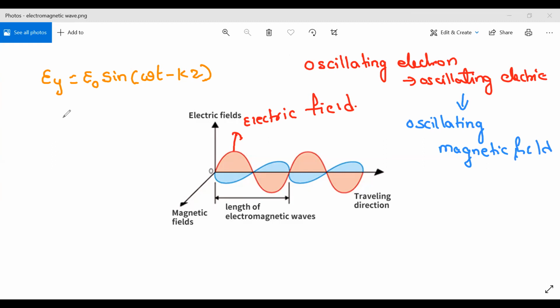Or you can take it as x. So Ex is equal to E naught into sine omega t minus kz.